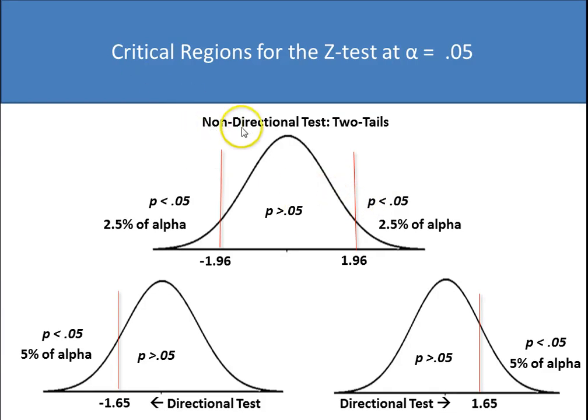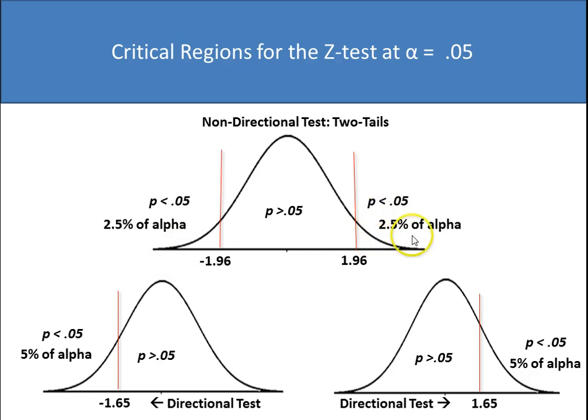Because we have a non-directional, two-tail test, we divide our alpha level of 0.05, or 5%, such that 2.5% is on this tail, and 2.5% is out in this tail.